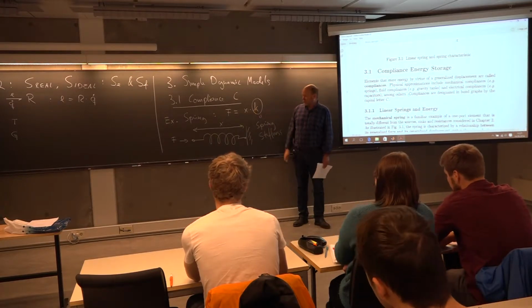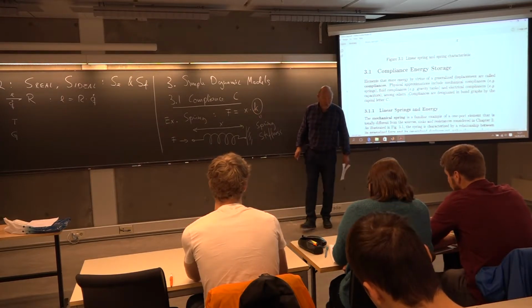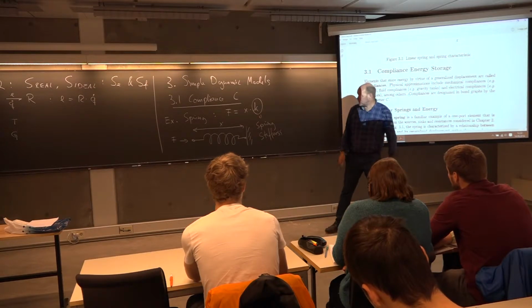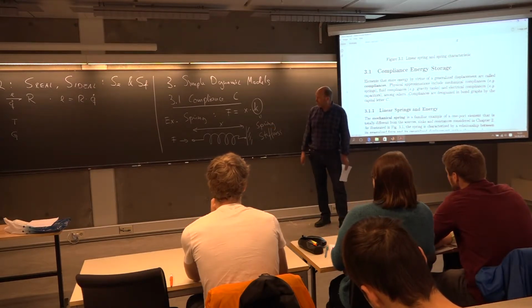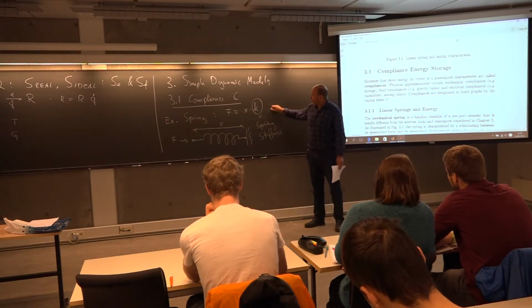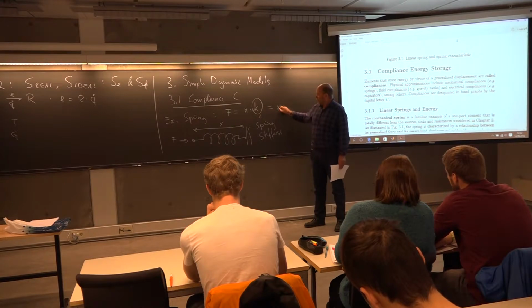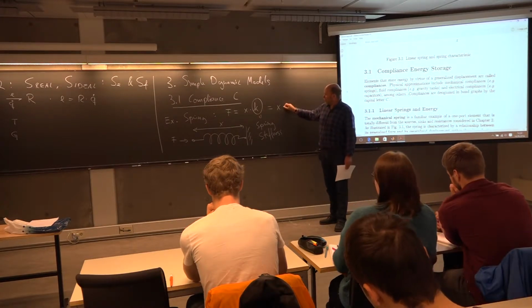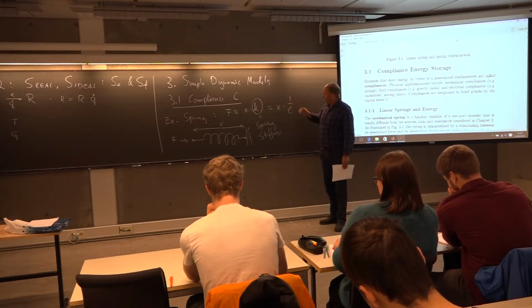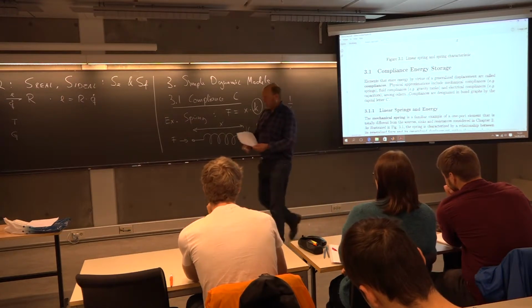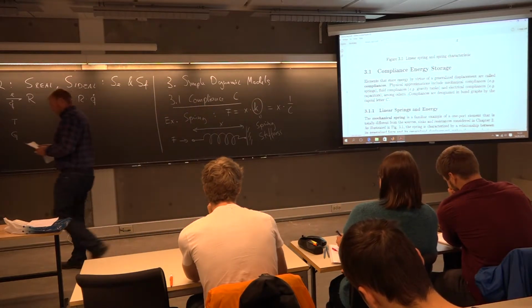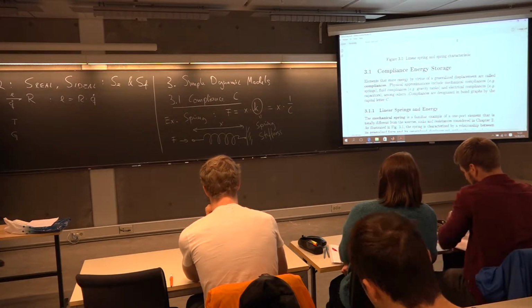It could be a messy expression, but unless someone tells us otherwise, we will treat it as a linear spring. With a compliance, we use the reciprocal. So the spring stiffness, that's actually now 1 over the compliance.